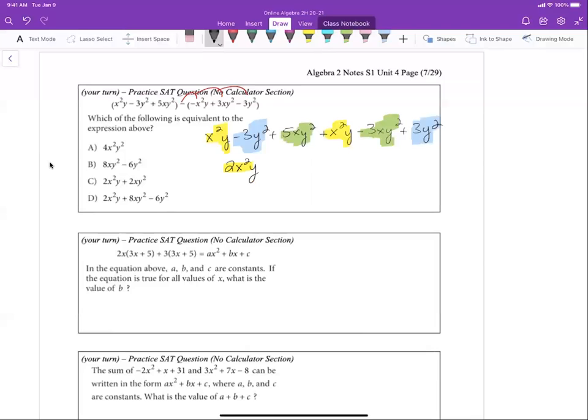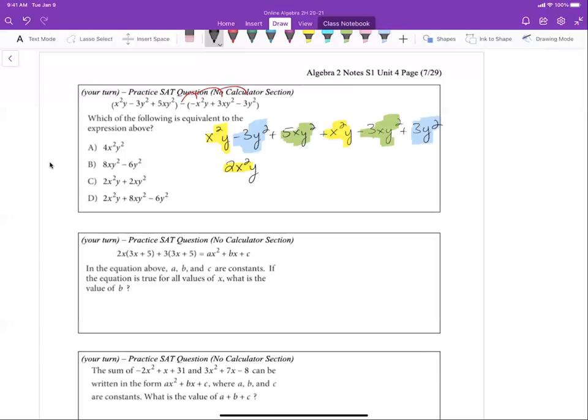And then I have a y squared term. It has a coefficient of -3, and I have another one with a positive 3, so it will cancel each other out. Then I can look and see that I have a coefficient of 5 for my xy squared.